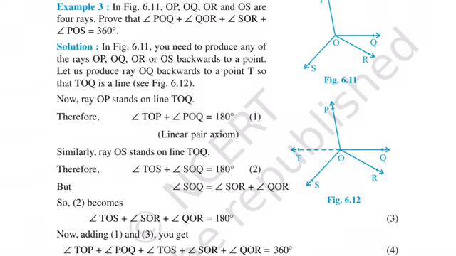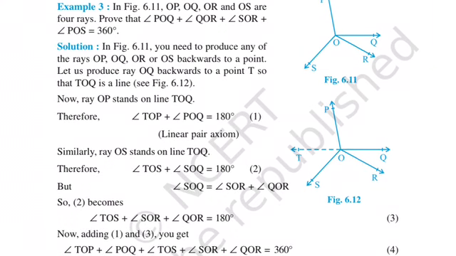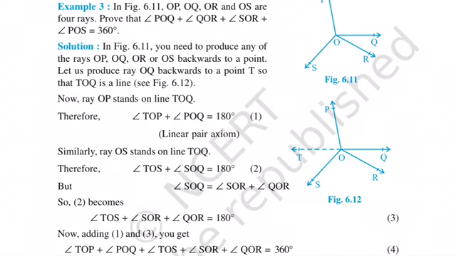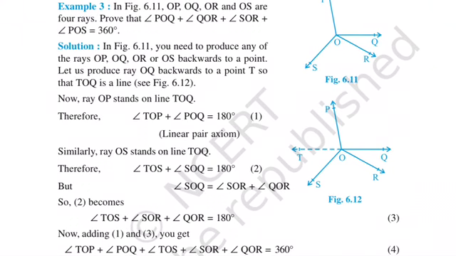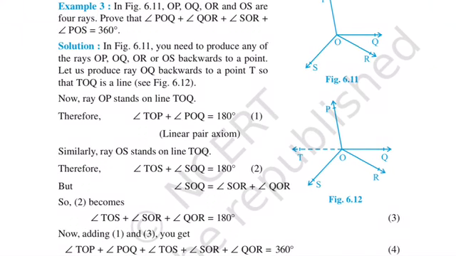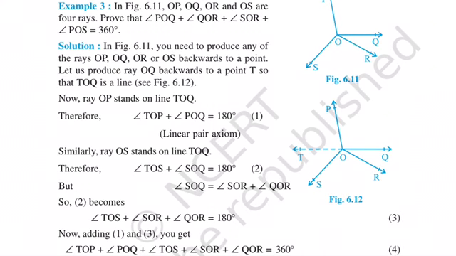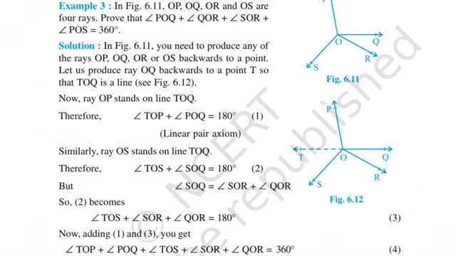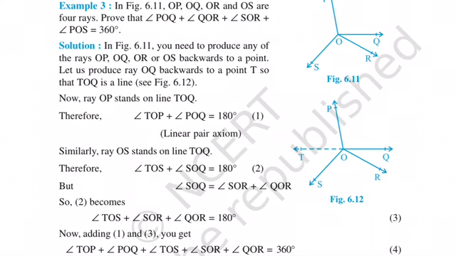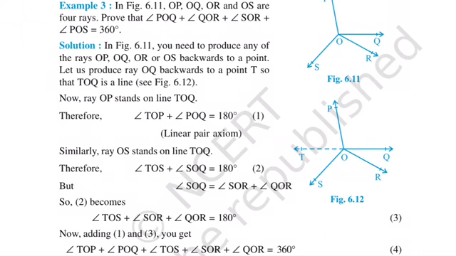That's why angle TOS plus angle SOQ forms a linear pair. That's why angle TOS plus angle SOQ is equal to 180 degrees. But in place of SOQ, we can write SOR plus QOR.